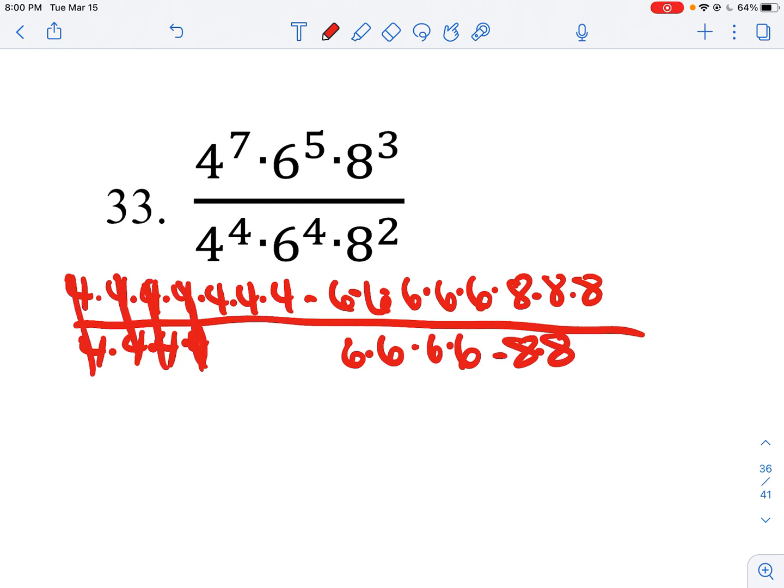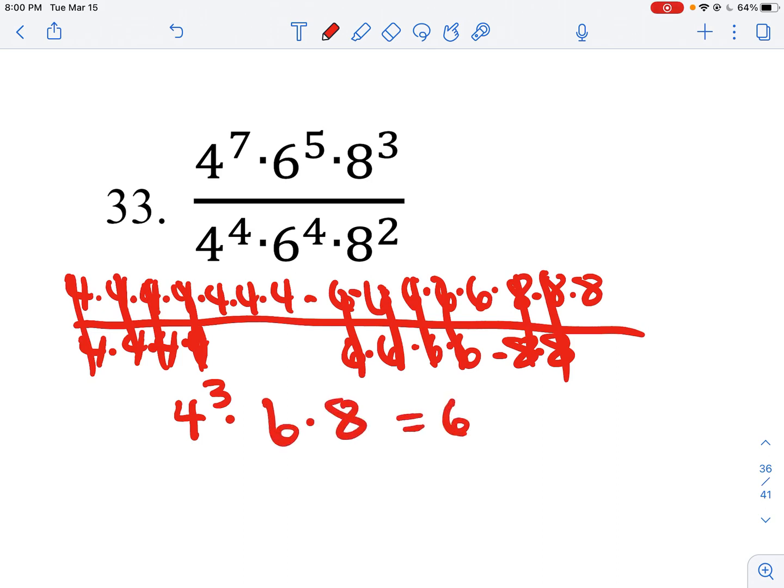So cancel, cancel, cancel. What am I left with? 4 to the 3rd, 6, and 8. So 64 times 48. And no, I don't know that off the top of my head, but I'm going to look it up. 64 times 48 get me 3,072.